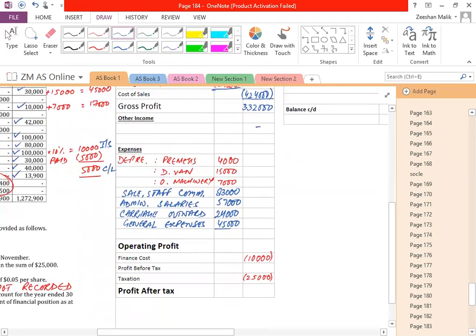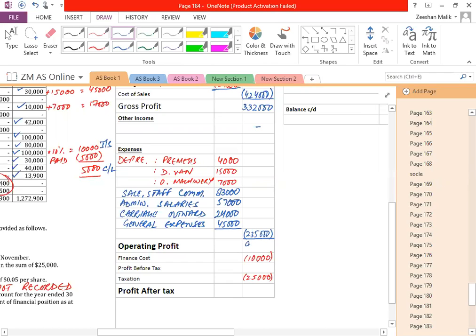Then add all expenses. Calculators, add all expenses. It makes it 235. Very good. Subtract from the gross profit.